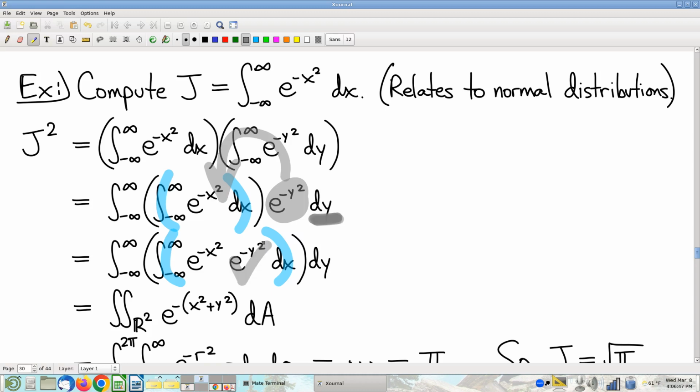It is a constant, so that's also legal. Everybody with me so far? It's a constant for the purposes of the blue dx integral because y is the variable to the outside, so y is a constant as far as that dx integral is concerned.